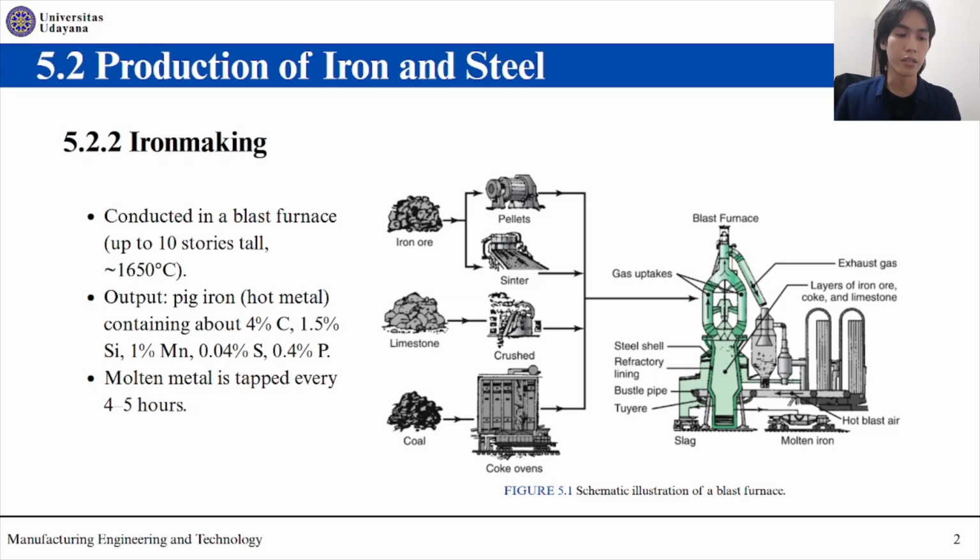The main product is pig iron or hot metal, which contains around 4% carbon, 1.5% silicon, and 1% manganese, 0.04% sulfur. The last one is 0.4% phosphorus. The molten metal is tapped every 4 to 5 hours for continuous production.